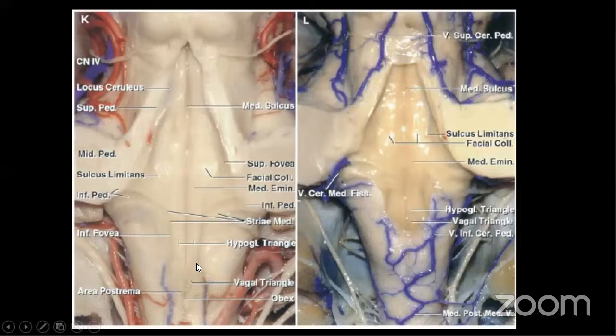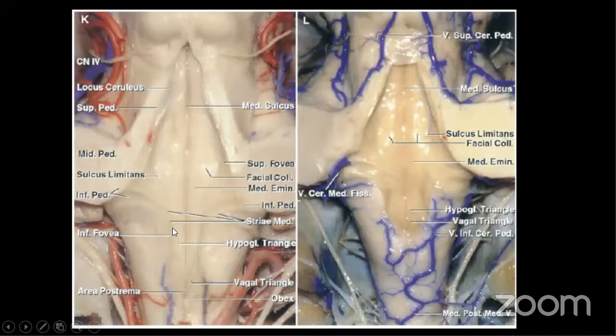And beneath the hypoglossal triangle, we have the vagal triangle, and beneath the vagal triangle, we can appreciate the area postrema, that is separated from the vagal triangle by a very faint sulcus known as the funicular separation. And this area postrema is the true vomiting center of the brainstem.